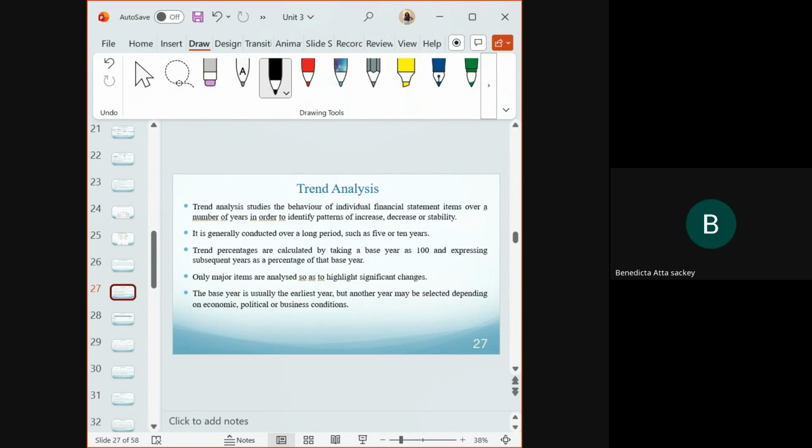Nashiru, can you hear me? Yes, madam, I can hear you. I was just saying that if you could readjust your screen to take off the drawing tools, so that it could look larger for some of us. We don't need the drawing tools, and the slides at your left.